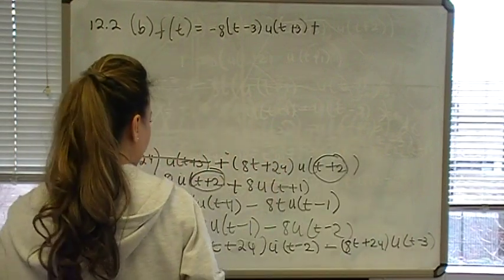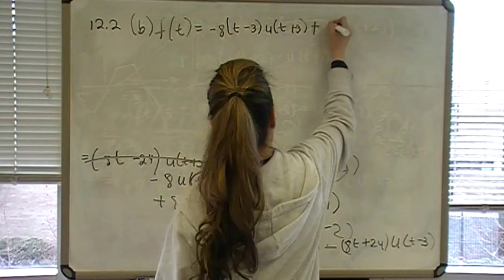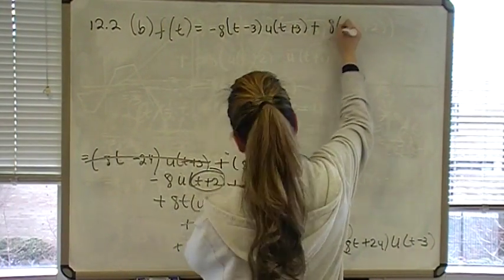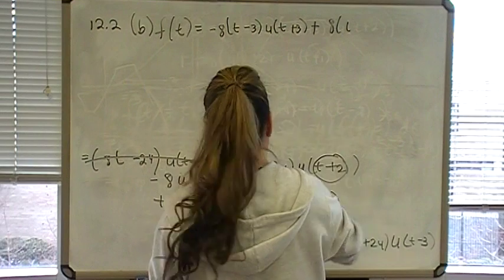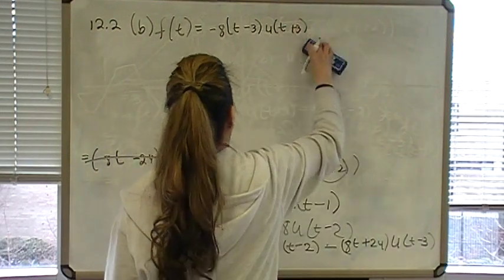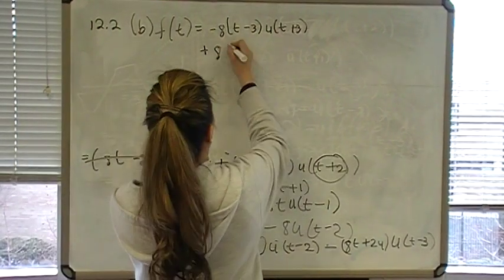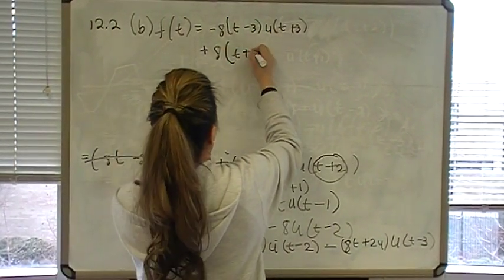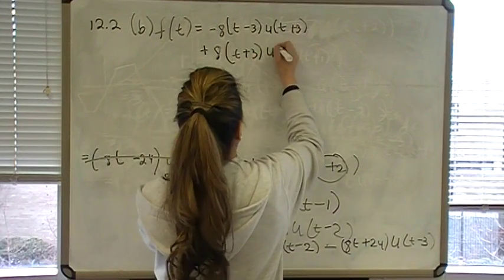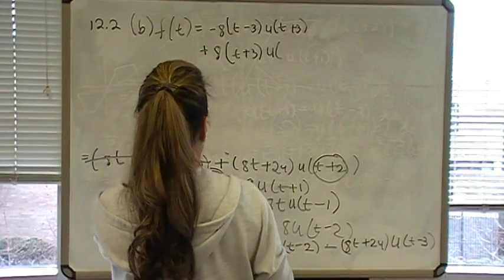And that is it. So that gives me, I'm going to factor the 8t, actually I'm going to put it on the line below, plus 8, factor out an 8, we have t plus 3, u of, since we have a t plus 2, we can combine these together.